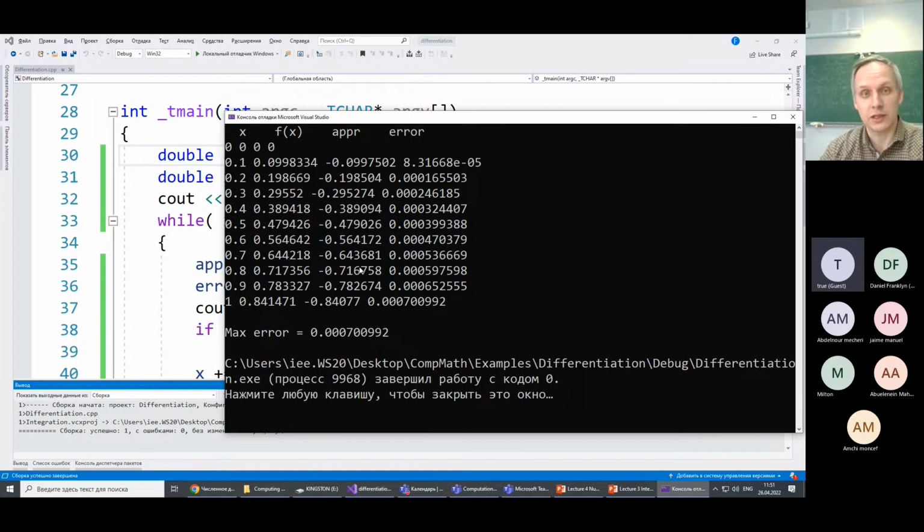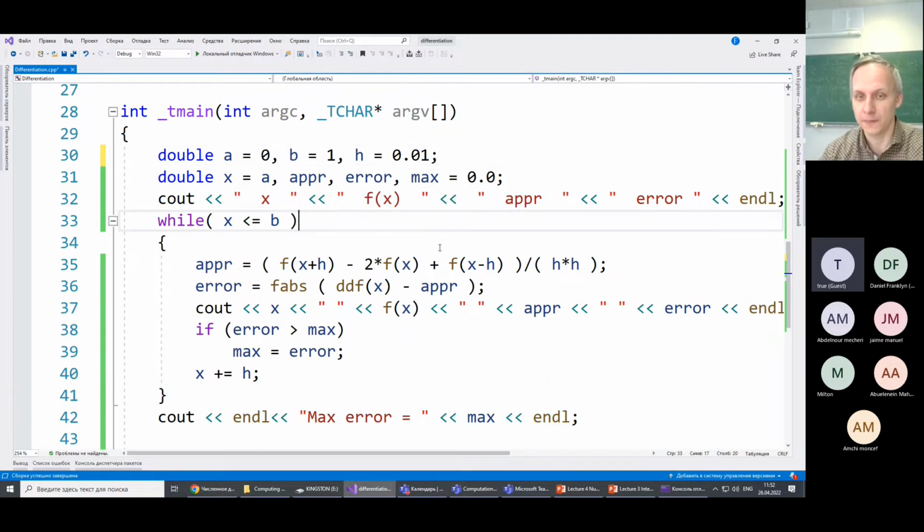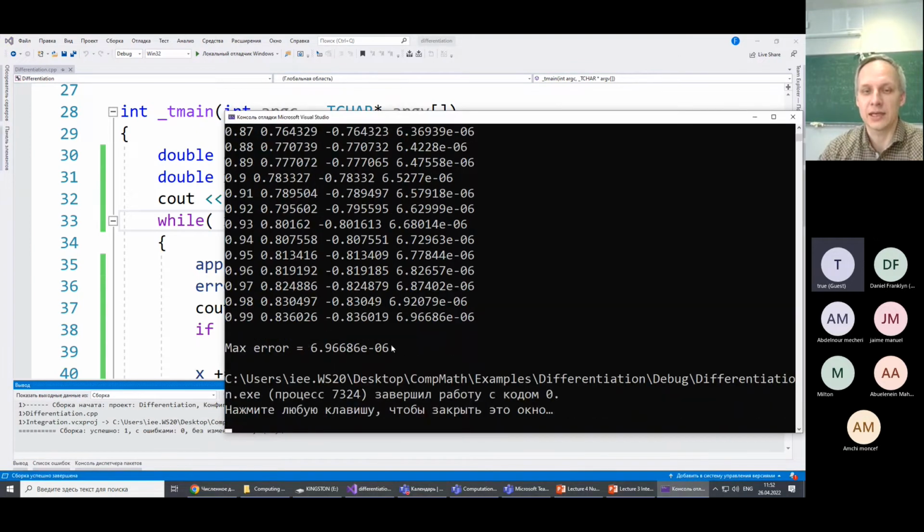We see that the approximated value is very close to the real value of the second derivative. The error is 7 times 10 to the power minus 4. Let's take the step 10 times smaller. And the error becomes 10 to the power minus 6.